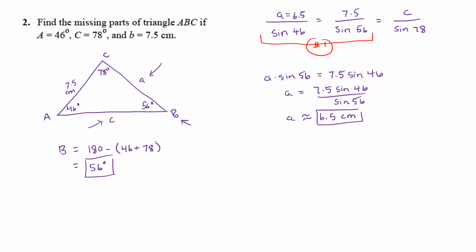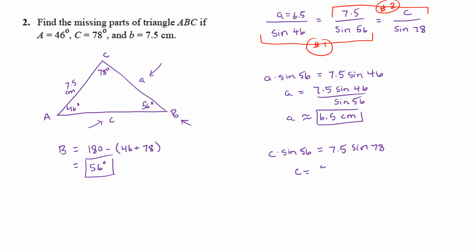So now I need to find C. We're going to use the ratio of B and C to help us find C. So when we cross multiply, we'll get C times the sine of 56 equals 7.5 times the sine of 78.